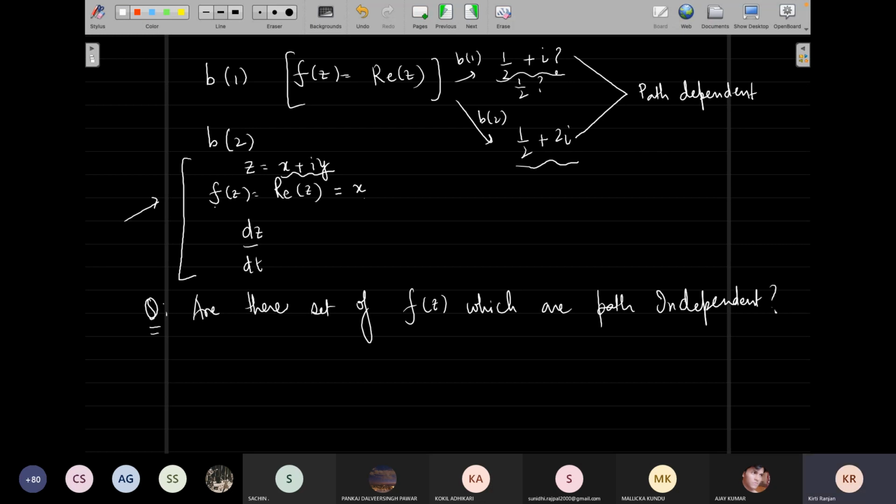You had that in vectors also, by the way, path independent and path dependent functions. You were writing your vectors in terms of the gradient of a scalar. But here again the question comes: are there a set of functions which are path independent, or do we have to solve it every time in the manner in which we have solved? We'll have to parameterize, figure out these paths, and then do that.